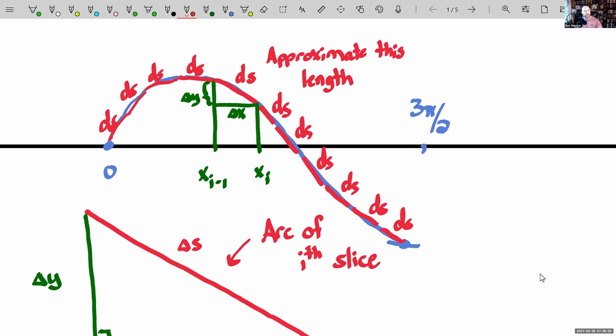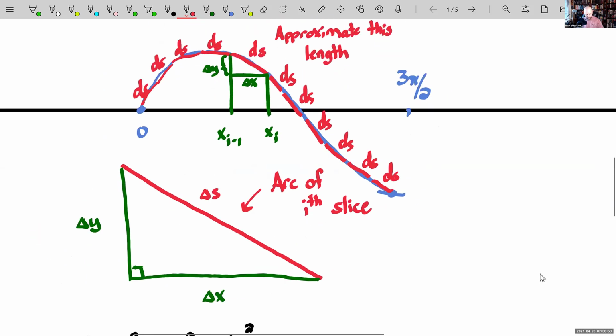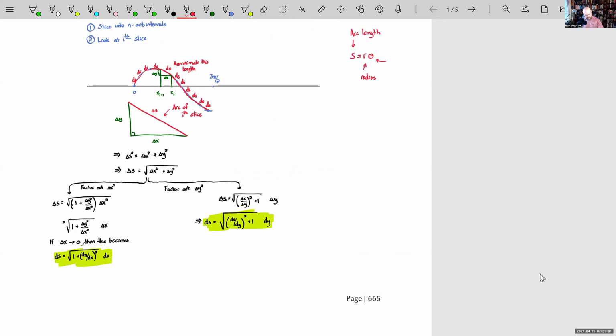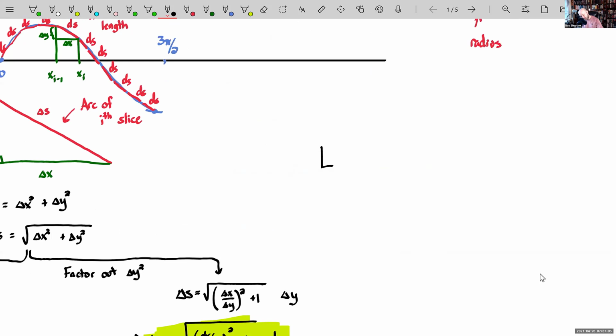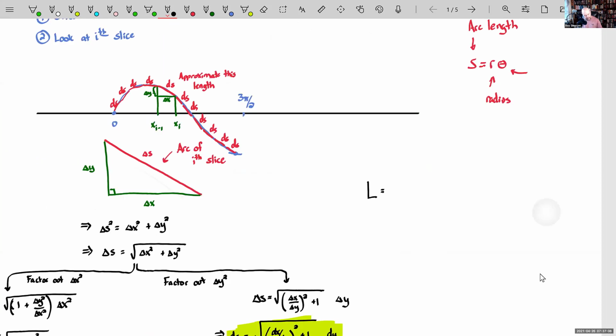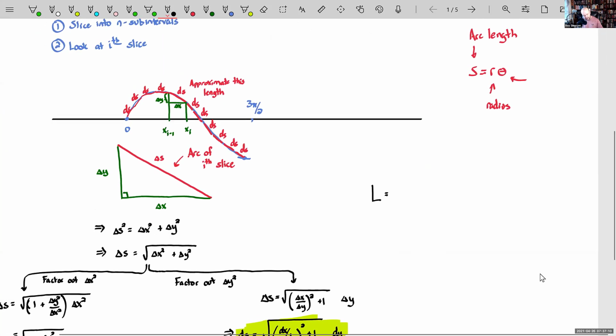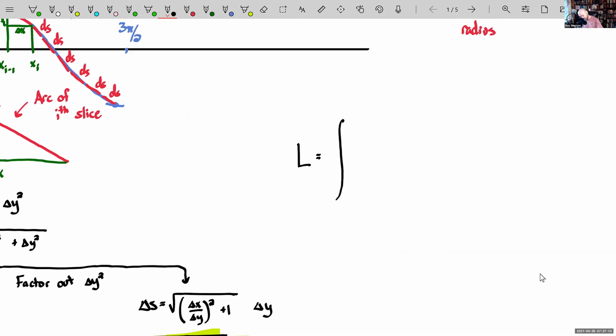Therefore, it should make sense that the length of the arc, at least in our case, from 0 to 3 pi over 2, would be the integral from x equals 0 to x equals 3 pi over 2 of ds. Remember, an integral is a fancy notation for adding up a bunch of stuff. We're adding up a bunch of arc lengths.